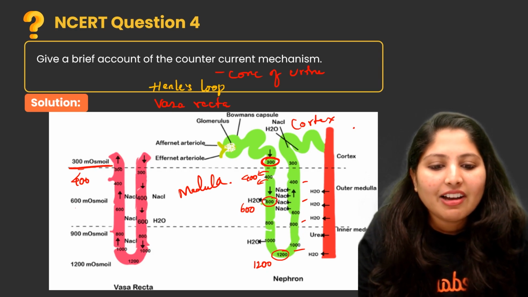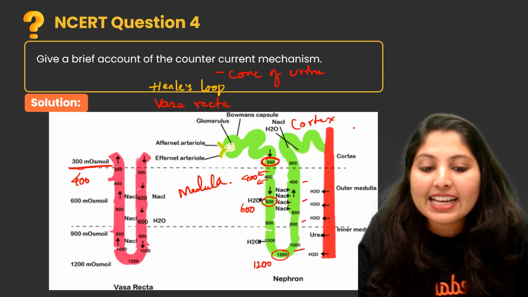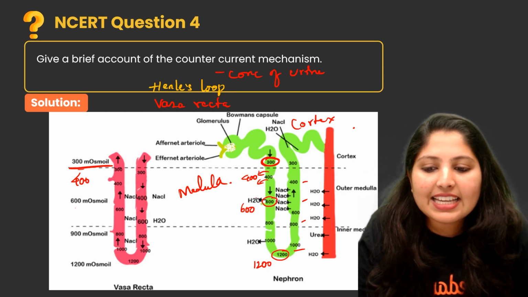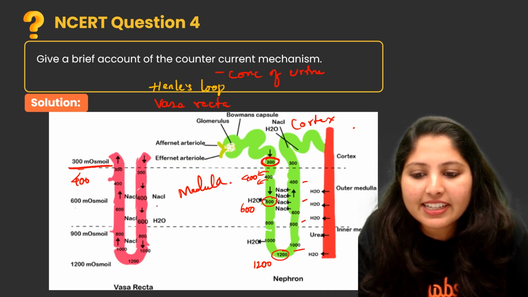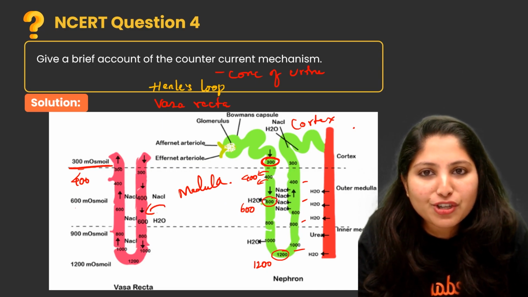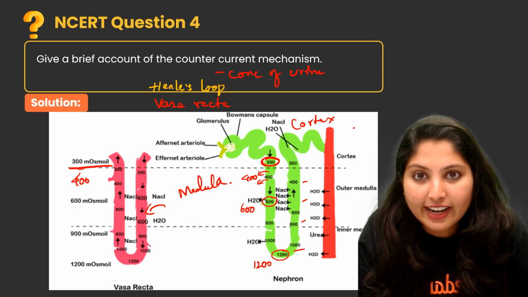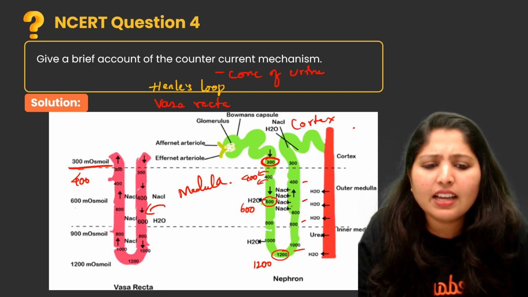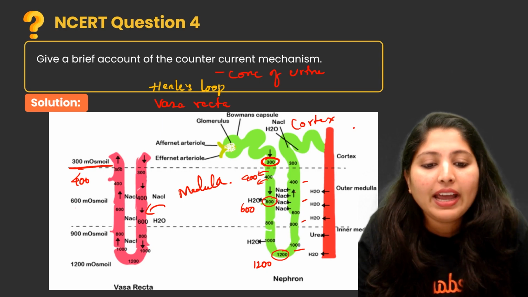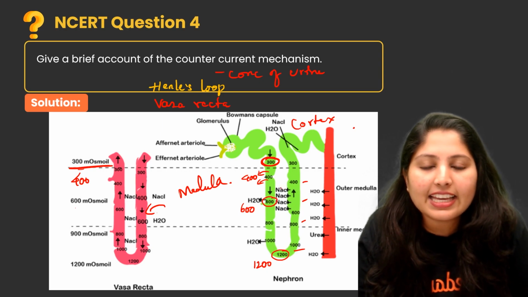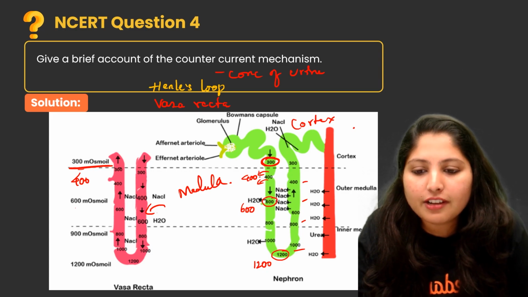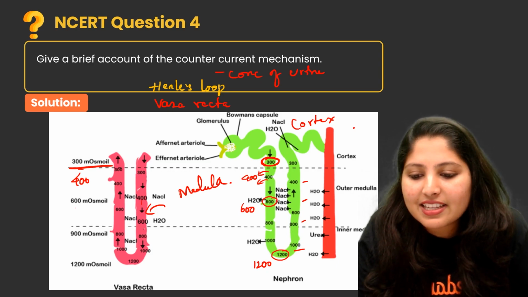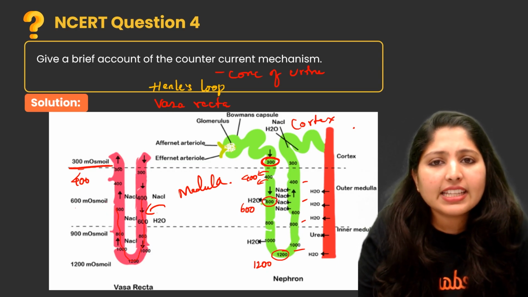So when this NaCl is released into the interstitial fluid, from the interstitial fluid this NaCl enters the descending limb of the vasa recta. The ascending limb of the Henle's loop releases NaCl into the interstitial fluid, and from there the NaCl enters the descending limb of the vasa recta, which moves towards the ascending limb.